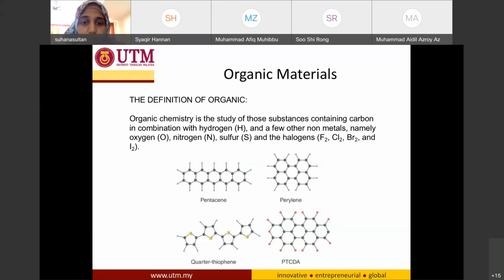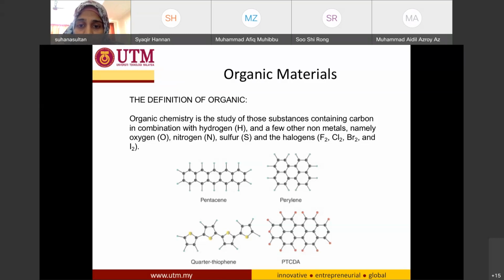If you look at the chain, the molecules are longer, a longer chain of molecules, and we will see the difference later on. But again, we are not going to go deep into the crystal properties of this type of molecules. It's just that I want you to be aware of organic.